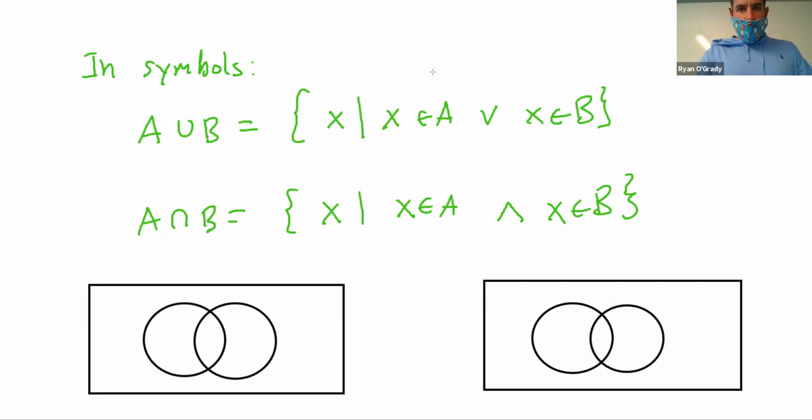So what we typically do, for those of you who are unfamiliar with a Venn diagram, is we have two sets. We'll call this one A. We'll call this guy B, and then this is A, and this is B.